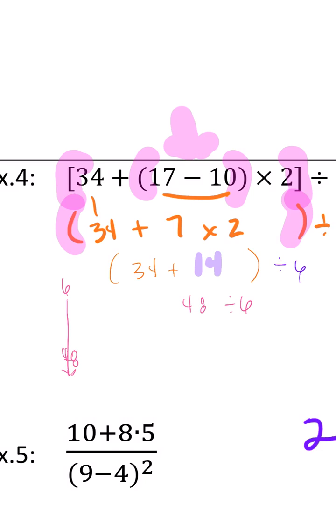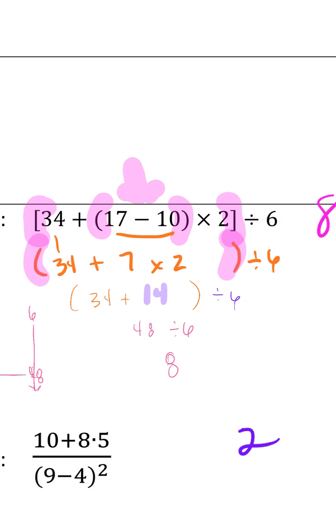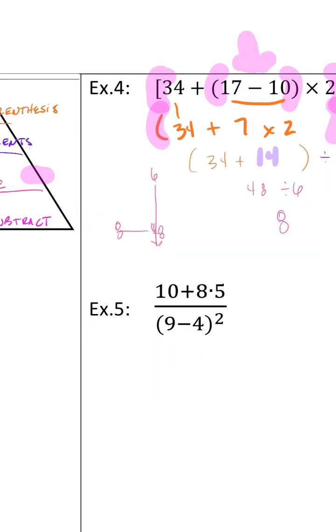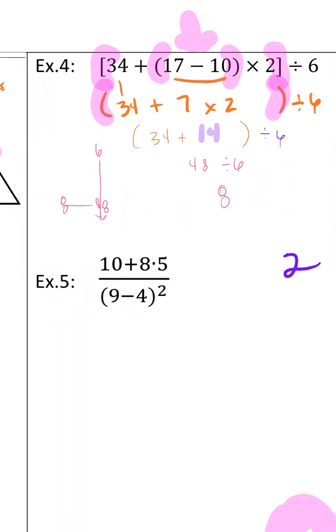And you're going to see over there that it says 8. So 48 divided by 6 is 8. So this is 8, right? Okay, so again, you're looking at your work, seeing if you know what you did wrong, and working from there, right? You're only watching this if you got the wrong answer on this.